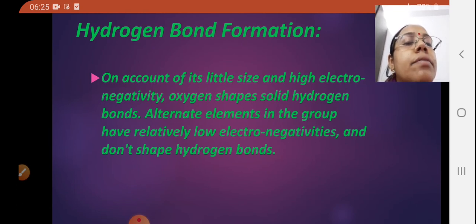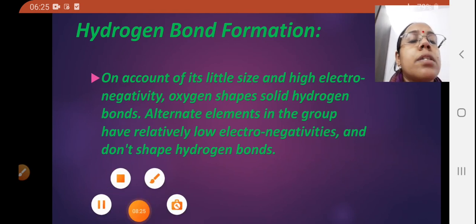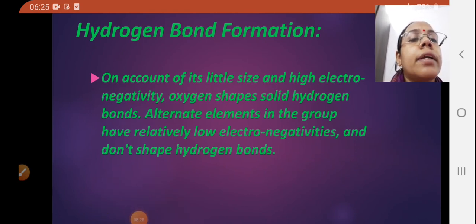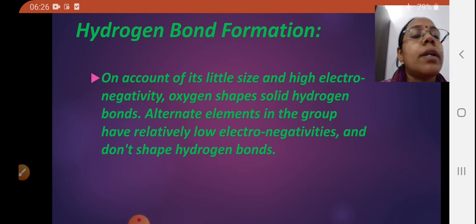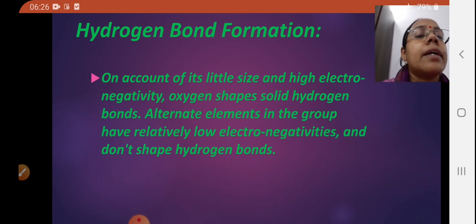Due to these two factors, small size and high electronegativity, oxygen can form strong hydrogen bonds with hydrogen. There are 2 reasons: first, the small size of the oxygen atom, and the second is the high electronegativity of the oxygen atom.